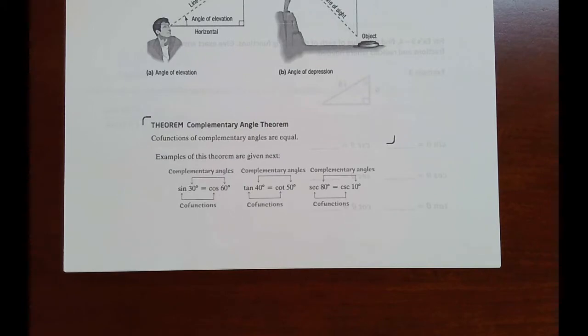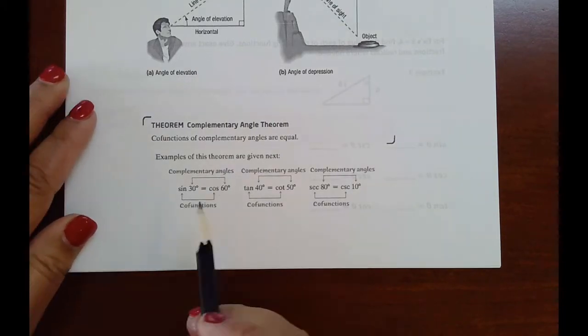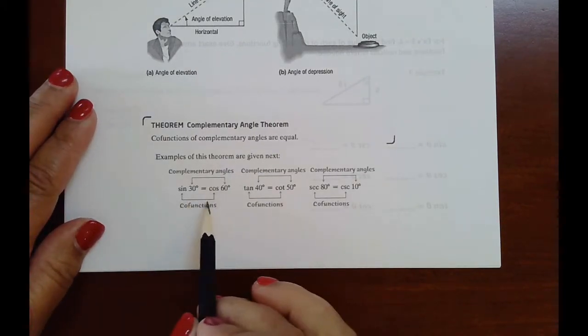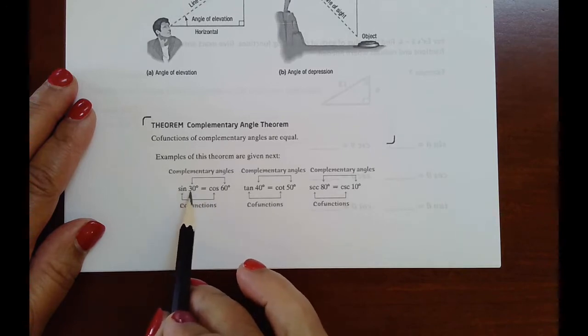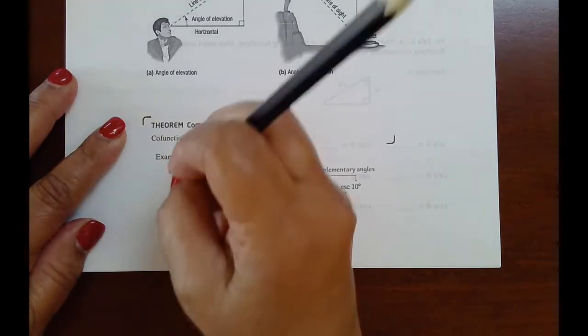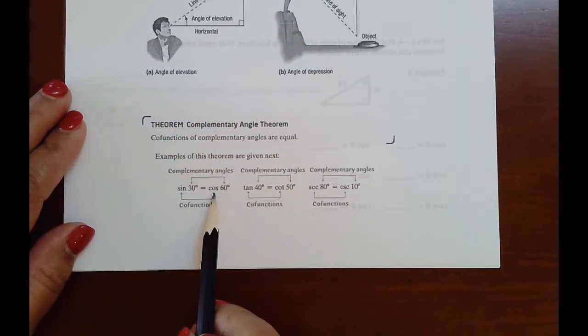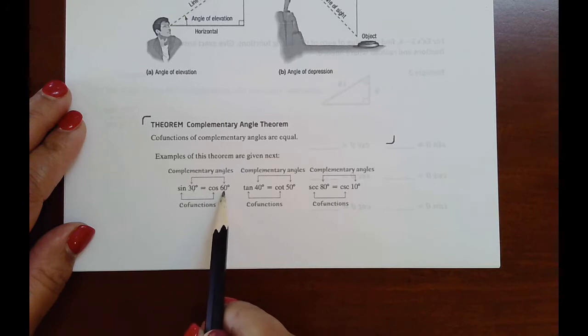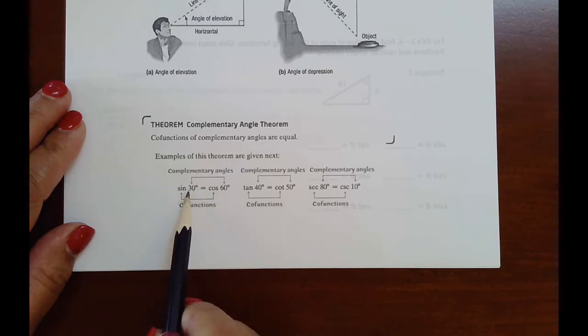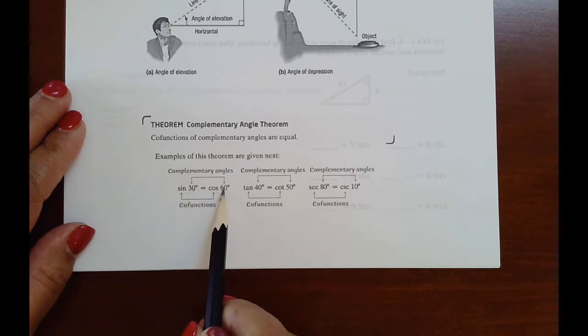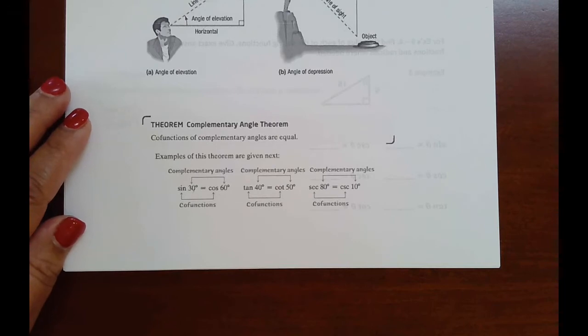As a little proof, sine of 30 equals some value, and cosine of 60 degrees gives the same value, because 60 is the complement of 30. If this was a 20, this would be a 70. Remember, complementary angles are two acute angles that add up to 90, just like the two acute angles in a right triangle.